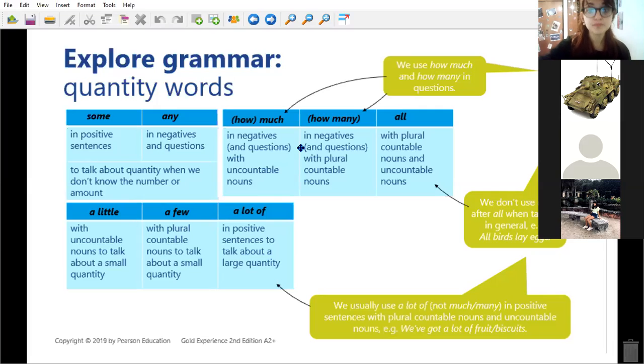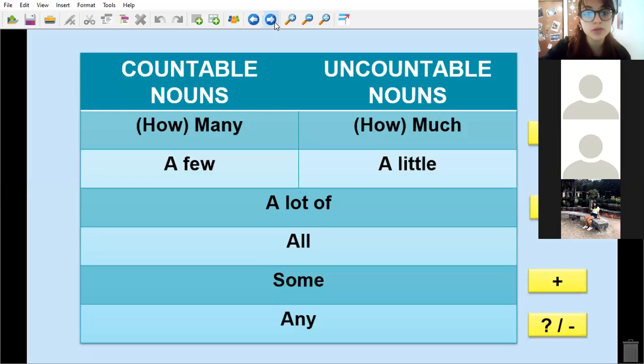No? Okay. So we're going to be moving on to here. We have this little chart to make things clearer. So with countable nouns, to make questions or negatives, we use how many. For example, how many books are there on the table? There are a few, right? So countable nouns, how many?